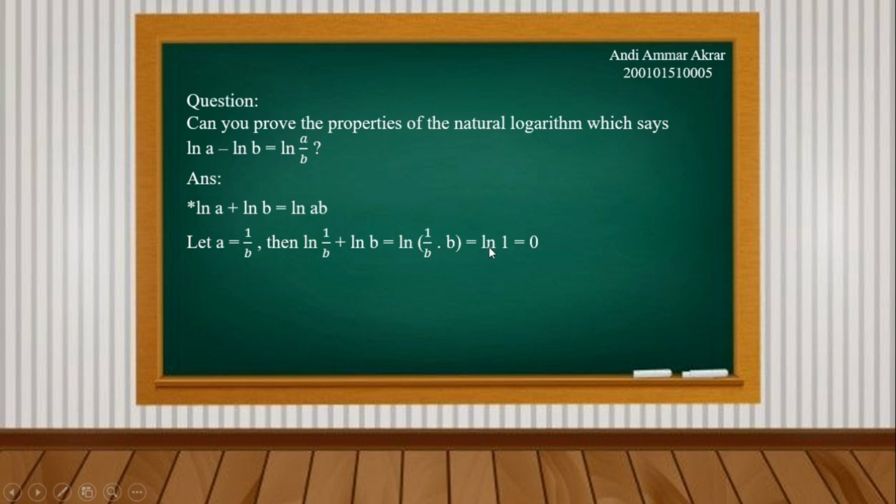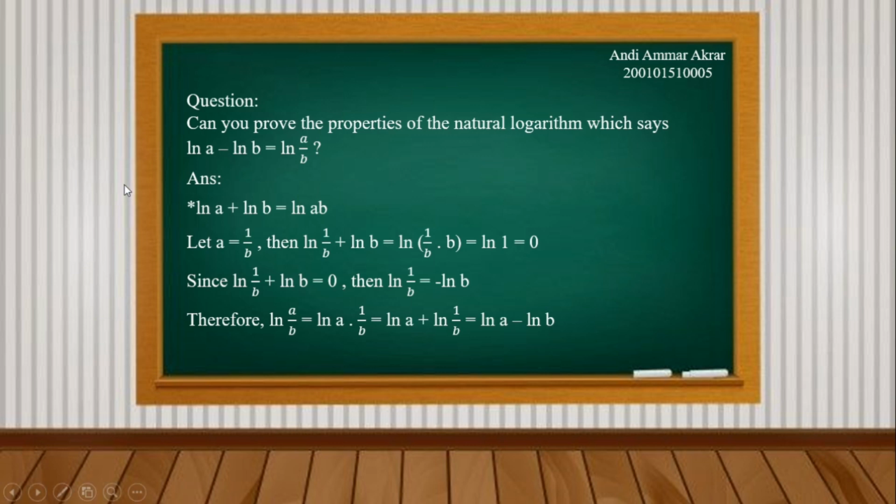And we know that ln 1 equals 0. Since ln 1 over B plus ln B equals 0, then ln 1 over B will be equal to minus ln B. We just move ln B to the right side, so it changes sign to minus ln B.